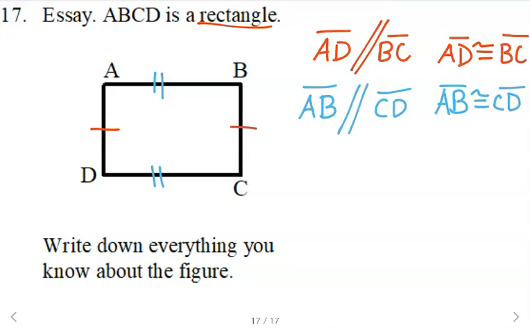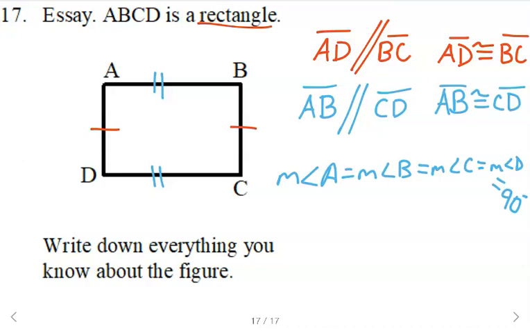All of the angles are right angles. So you could say the measure of angle A is equal to the measure of angle B, which is equal to the measure of angle C, which is equal to the measure of angle D. And of course, all of those are equal to 90 degrees. Or you could state that in congruence. You could say angle A is congruent to angle B, which is congruent to angle C, which is congruent to angle D. You could say that the diagonals will be congruent.